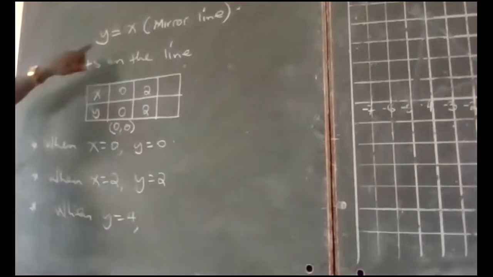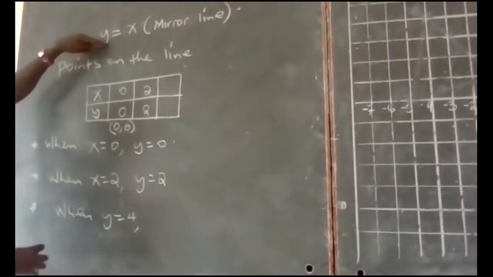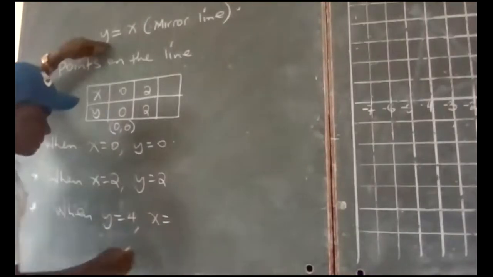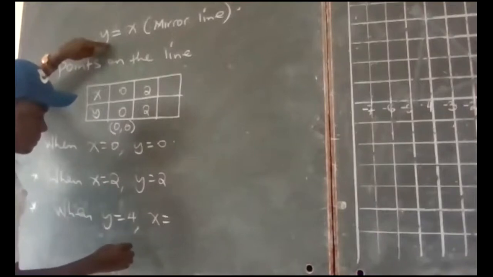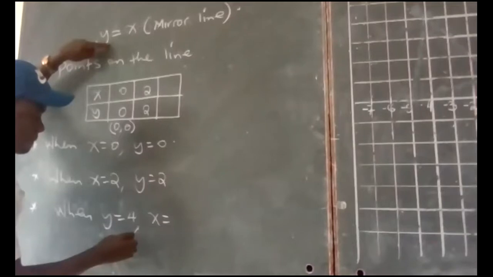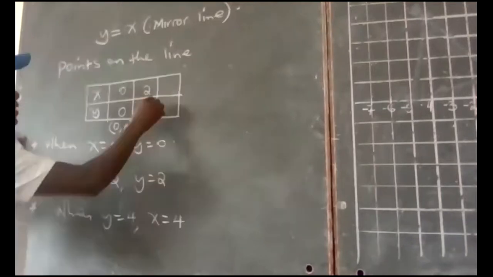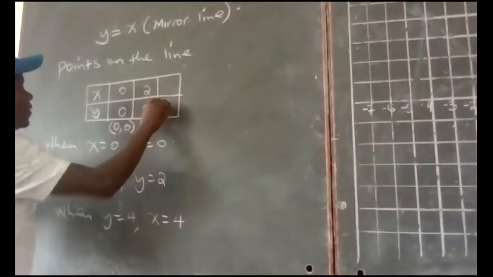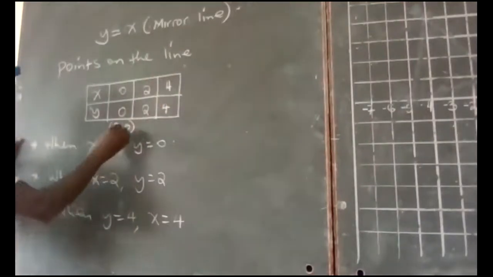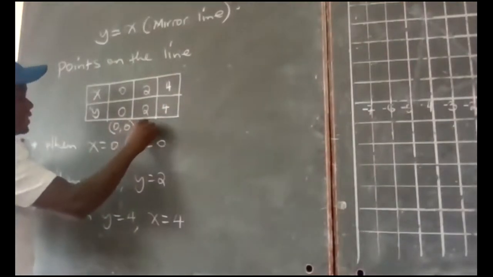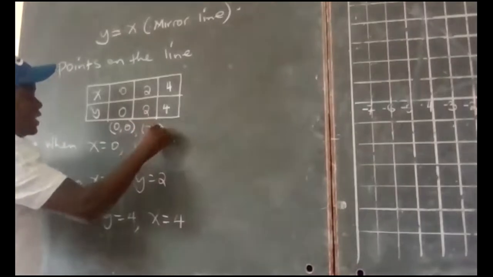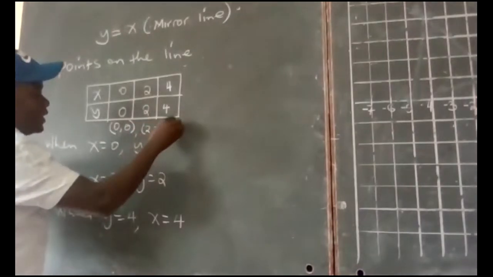You put 4 where there is y here, so x will be 4. X will also be 4. So this is 4, then 4. The first point here is 0, 0. The second point is 2, 2. The third point is 4, 4.